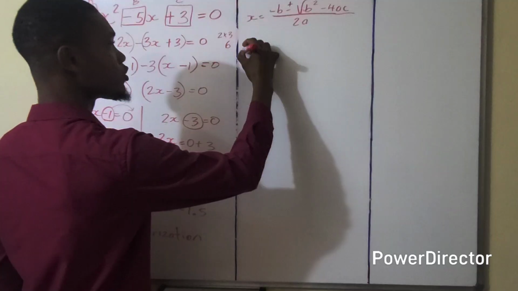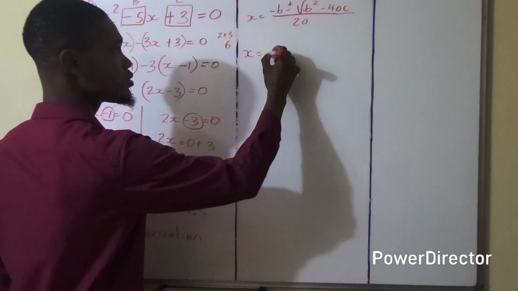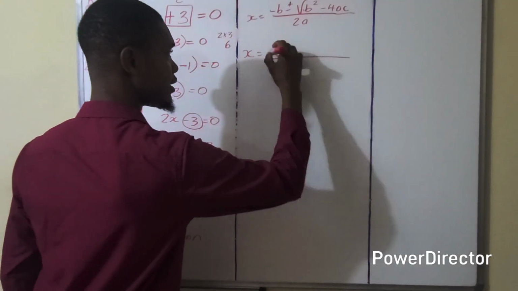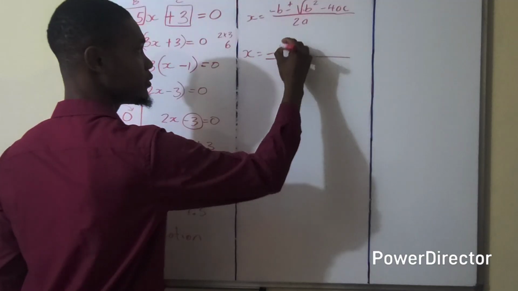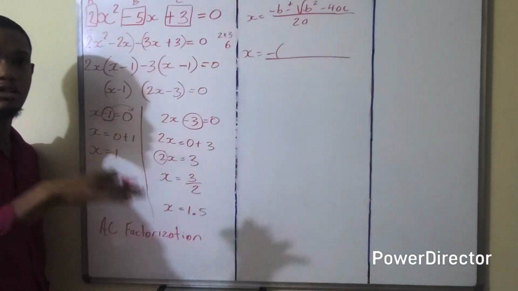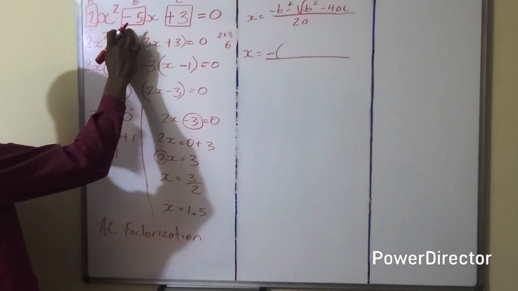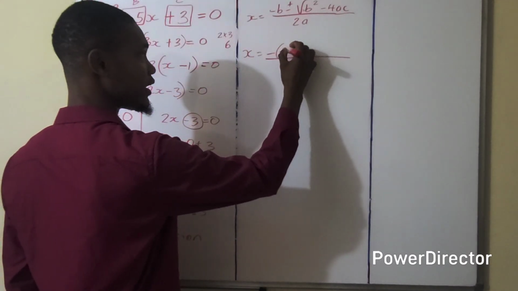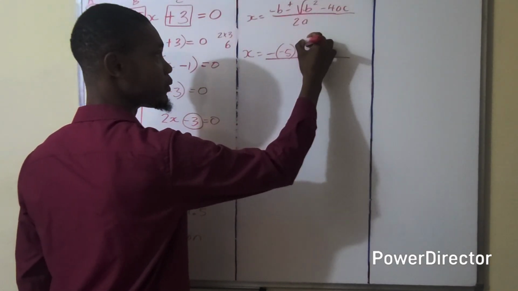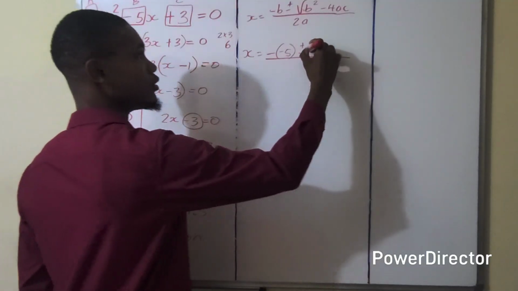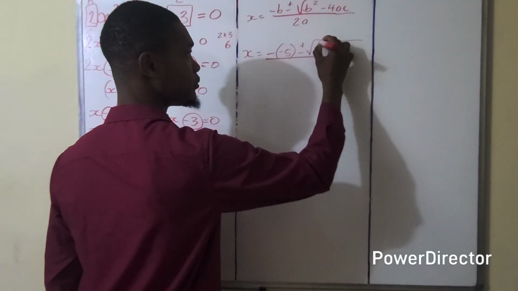So you then go through. So x equals, you draw your fraction line, you put back your minus sign, put an open bracket, and now you start to fill in the things. So it says b. When you look over here, b is -5, so you put back -5. Put back your plus, minus. You put your square root sign.